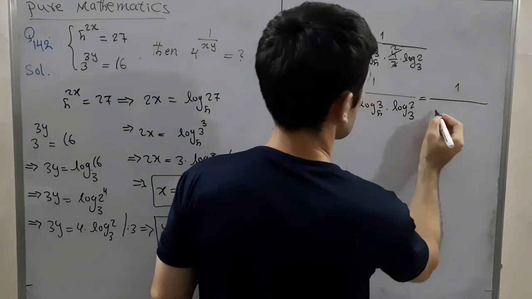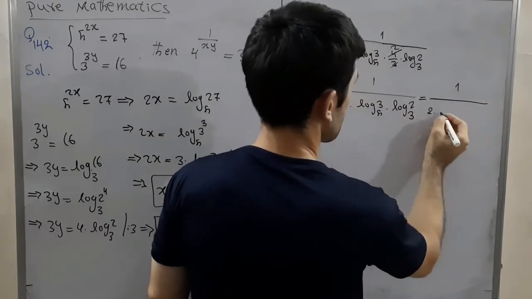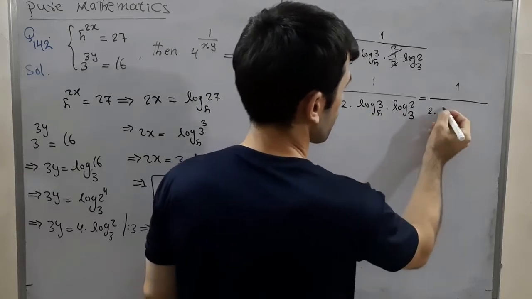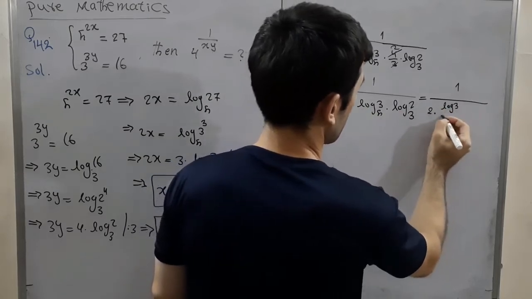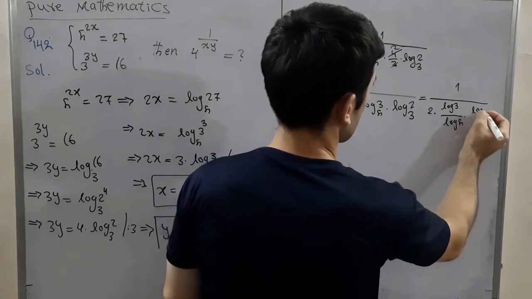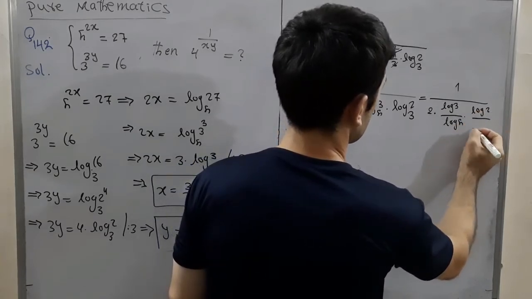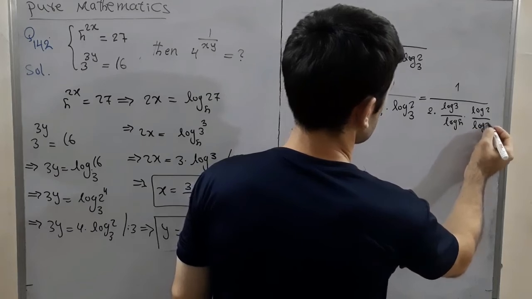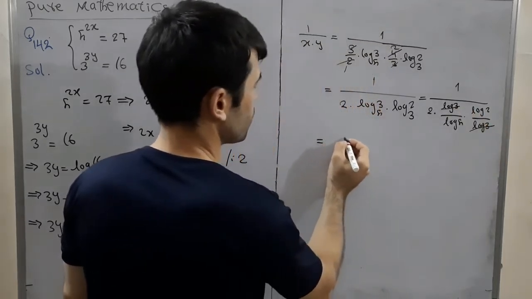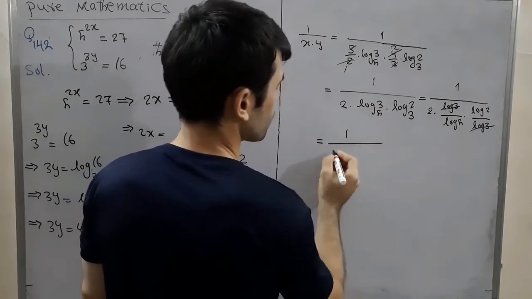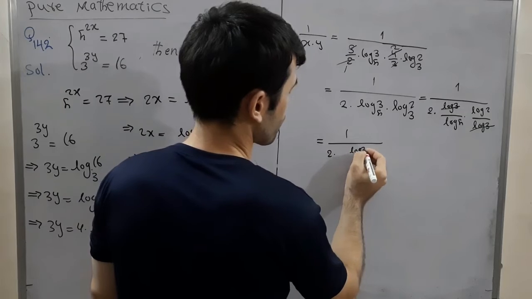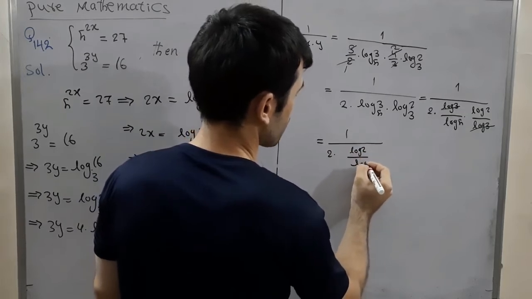It is equal to 1 over 2 into, we can write this log as log 3 over log 5 into log 2 over log 3. These two cancel, then it is equal to 1 over 2 into log 2 over log 5.